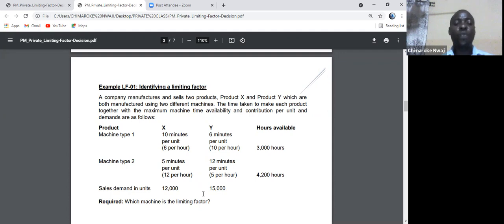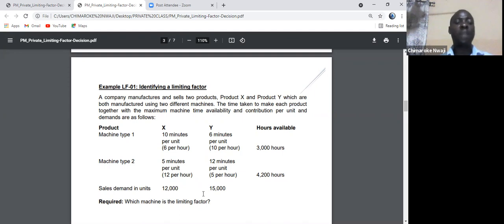Now, going to Y, you make 1 unit of Y in 12 minutes. Each time you make Y, you spend 12 minutes. When you get to 60 minutes, you would have made 5 units of Y. And you look at it here that 4,200 hours is the available hours for machine type 2.